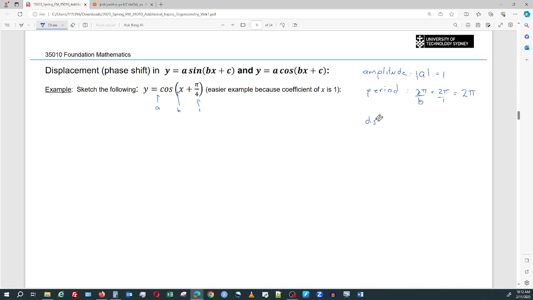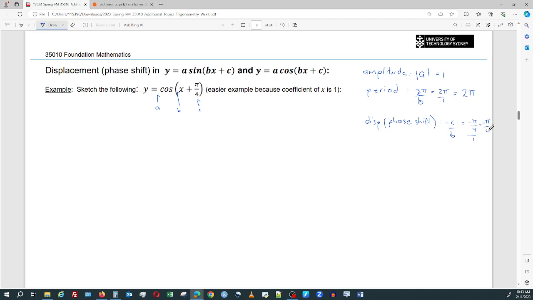The displacement, otherwise known as a phase shift, and the phase shift is minus C on B. So in this case here, we have minus pi on 4 divided by 1, so watch out for that, because if that's a fraction, there'll be more to do.